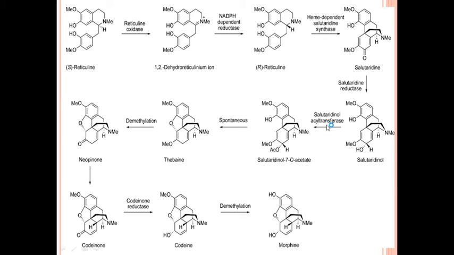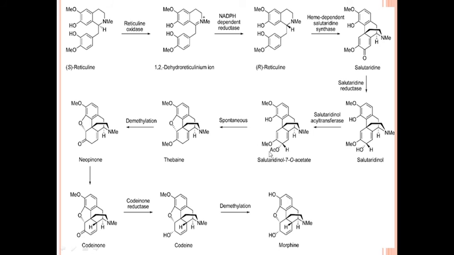This enzyme catalyzes the chemical reaction between acetyl coenzyme A and salutaridinol, producing salutaridinol 7-O-acetate. Here acetylation will occur, the acetyl group is attached here.